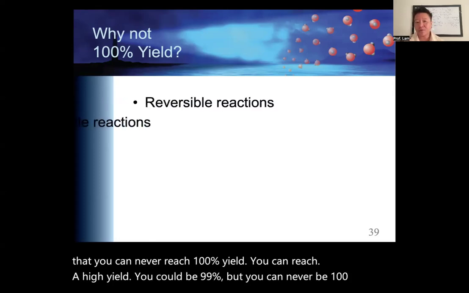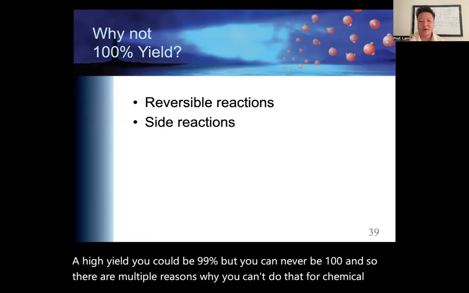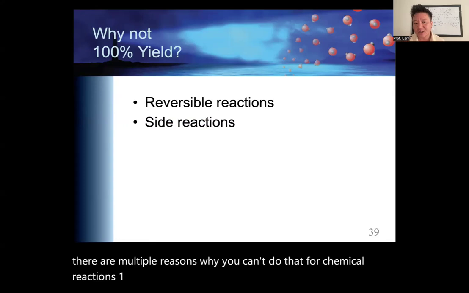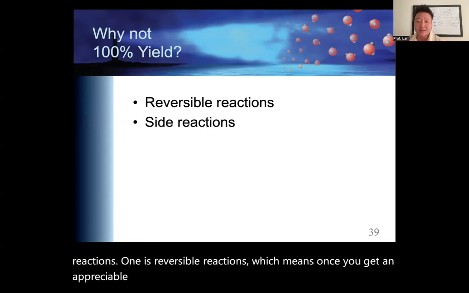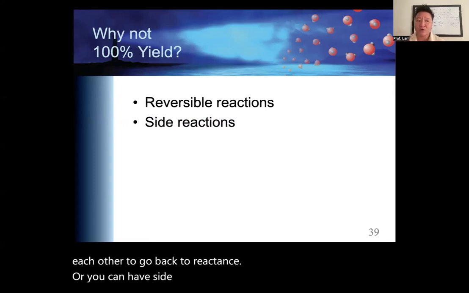And so there are multiple reasons why you can't do that for chemical reactions. One is reversible reactions, which means once you get an appreciable amount of products, those products can react with each other to go back to reactants. Or you can have side reactions, meaning you can have byproducts.